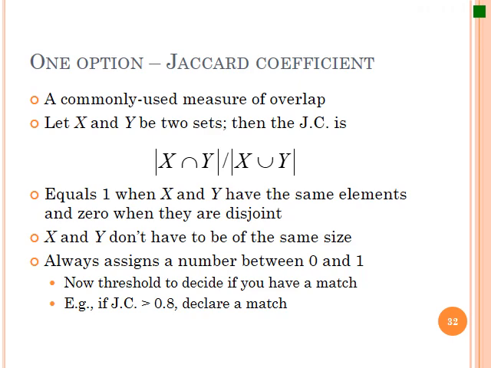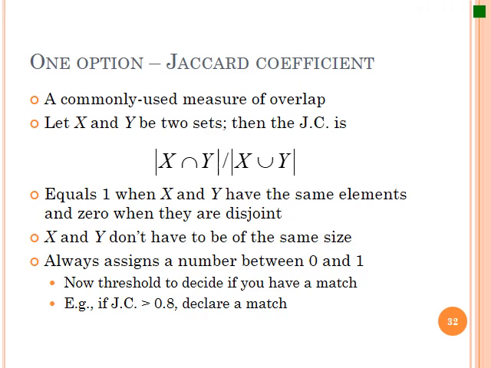The Jaccard coefficient is computed over two sets, x and y, by the size of the intersection between the two sets over the size of the union of the two sets. Looking at this formula, if x and y are exactly equal, then the result will be 1. If x and y have no overlaps, then the result will be 0.